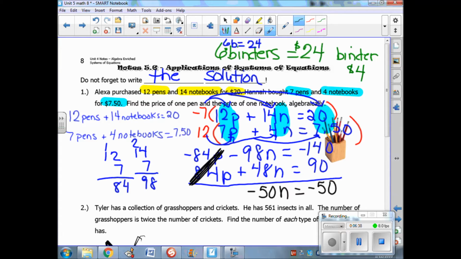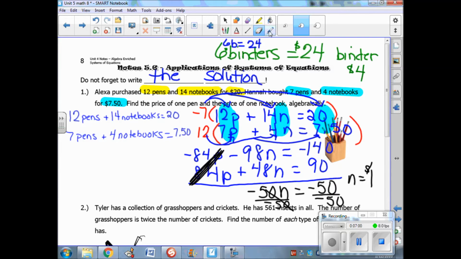Oh, this works out kind of nice. Divide by negative 50, because we're finding n, the cost of a notebook. Negative divided by negative is a positive 1. So notebooks are $1.